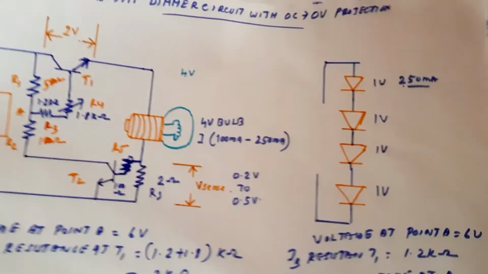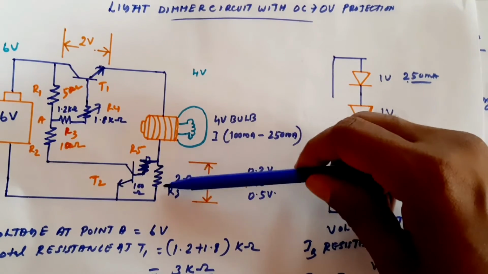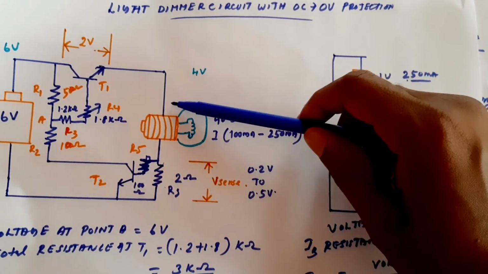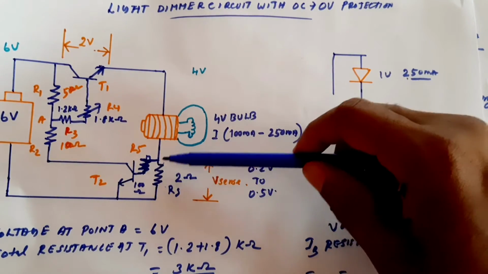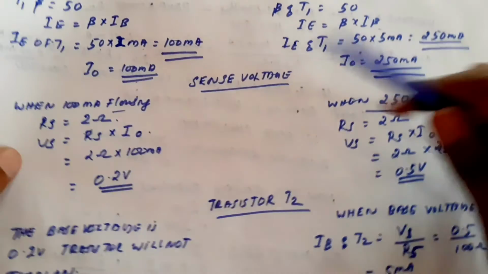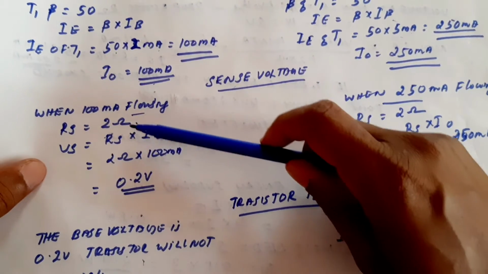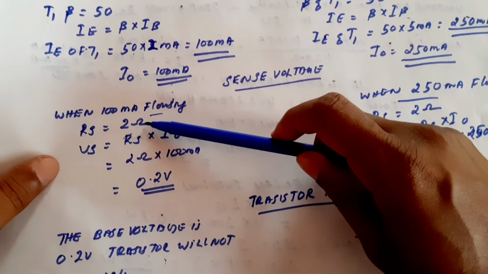What is the sense voltage? The sense voltage is the voltage across this resistance, which is used to sense the current. What will be the voltage when 100 milliamperes flows through this, and when 250 milliamperes flows through this? The sense resistance is 2 ohm.